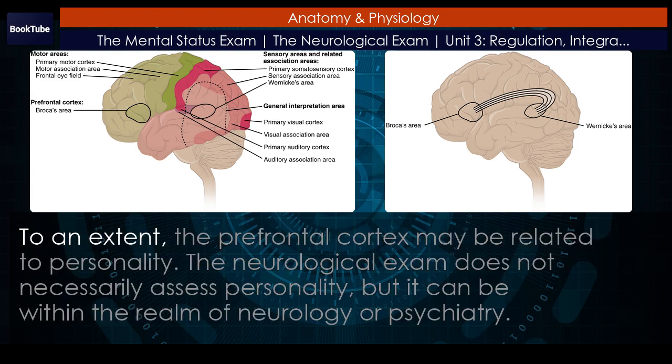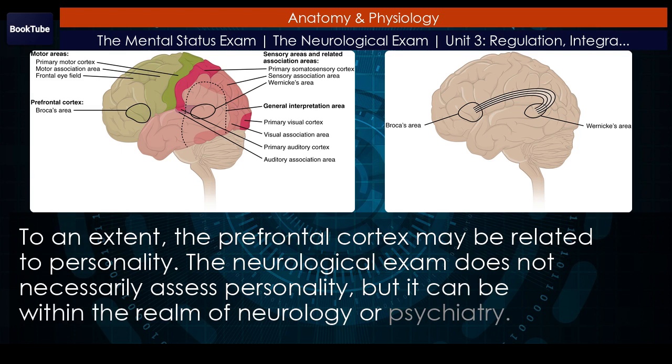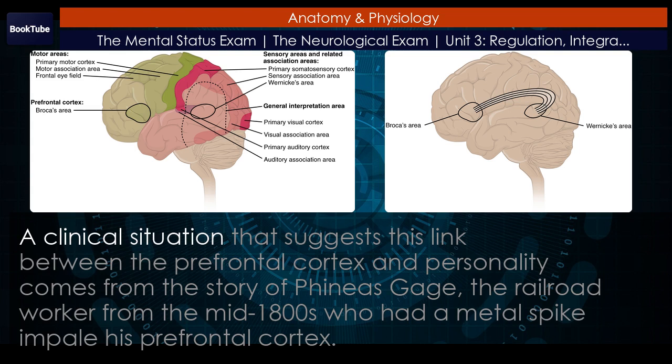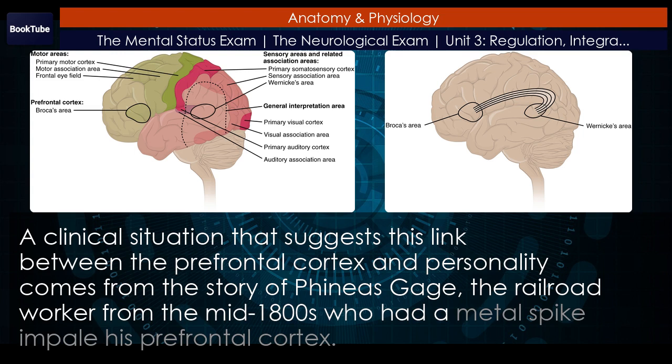To an extent, the prefrontal cortex may be related to personality. The neurological exam does not necessarily assess personality, but it can be within the realm of neurology or psychiatry. A clinical situation that suggests this link between the prefrontal cortex and personality comes from the story of Phineas Gage, the railroad worker from the mid-1800s who had a metal spike impale his prefrontal cortex.